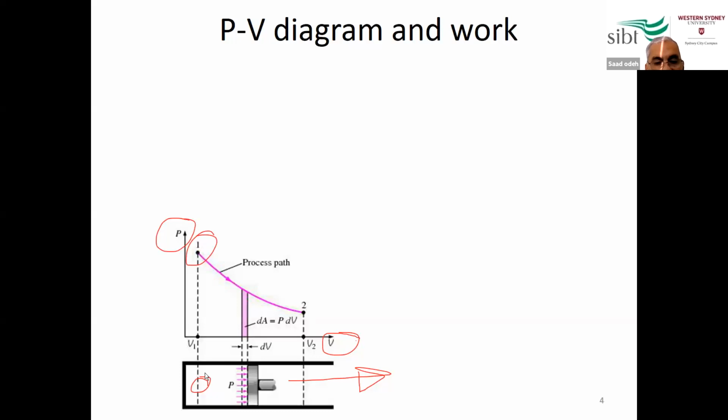So I'm moving the piston to the right side, which we call expansion. Why expansion? Because we are increasing the volume of the air. Starting from point 1 it was a small volume, V1. Then when I move to the right up to point 2, V2, this is the maximum I can go in the cylinder. So the change in volume will be V2 minus V1, correct?